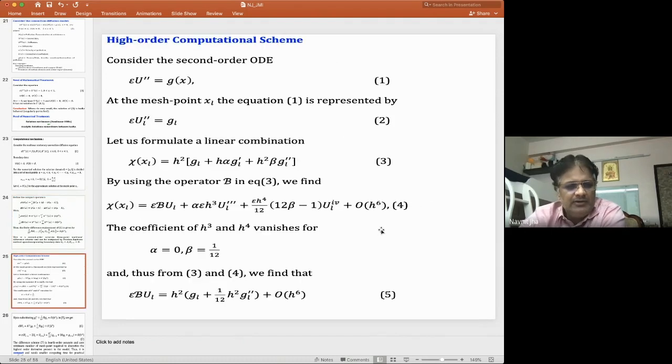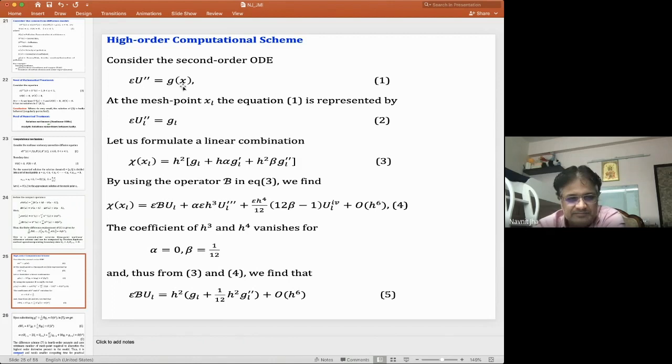Now, before solving the most general form of linear equation and nonlinear equation, to begin with, I have taken the simplest form, that is epsilon u double prime equal to g(x). This is the easiest equation, a second order equation, where the right hand side is only a function of x.